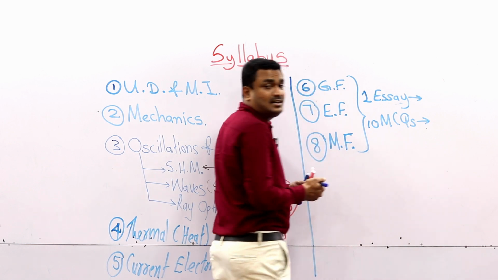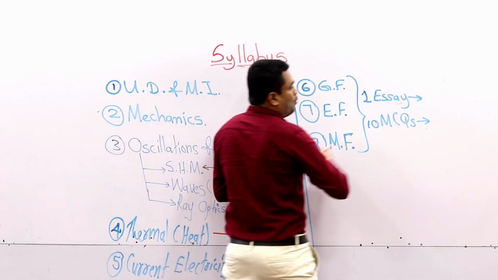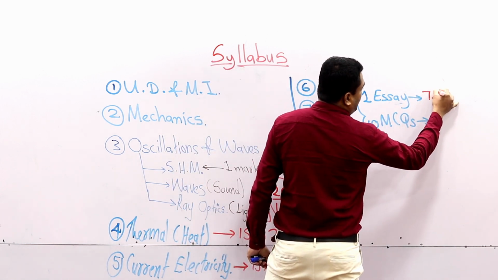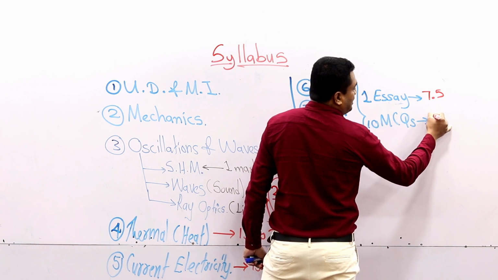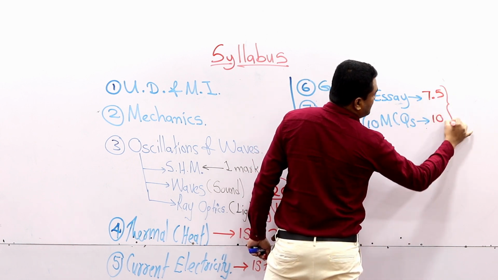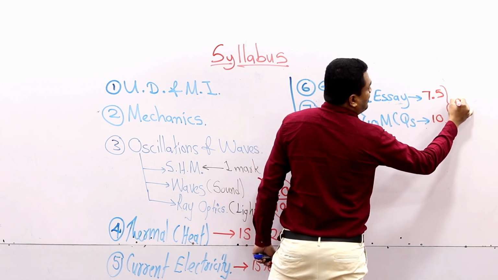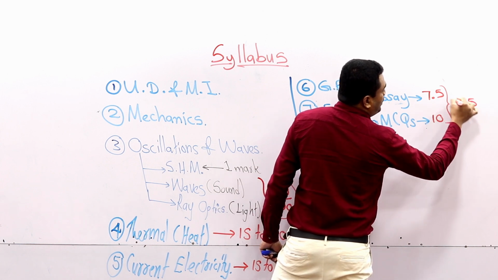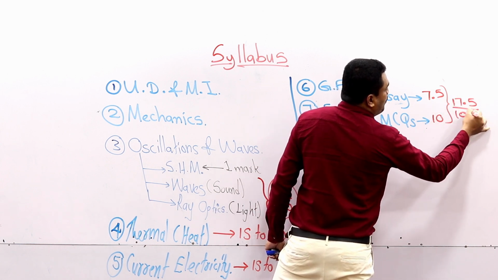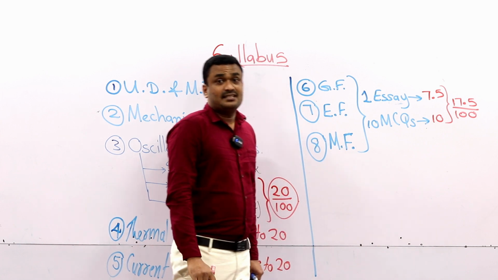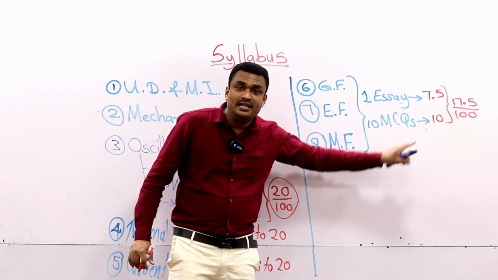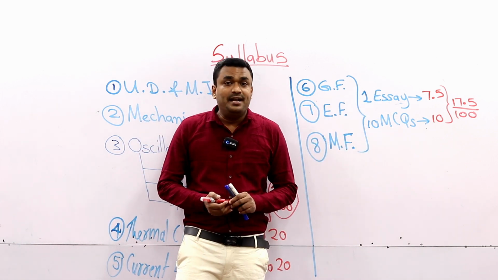It means 10 marks. So one essay 7.5, 10 MCQs, 10 marks. So from these lessons you can obtain about 17.5 marks out of 100. In some years, from these 3 lessons you can earn about 20 marks.